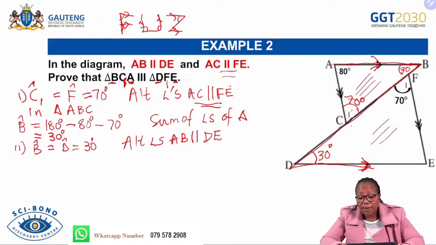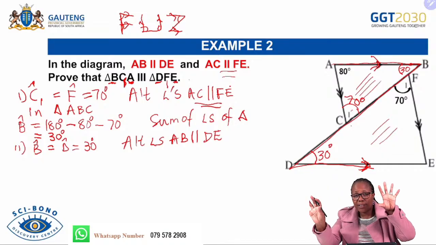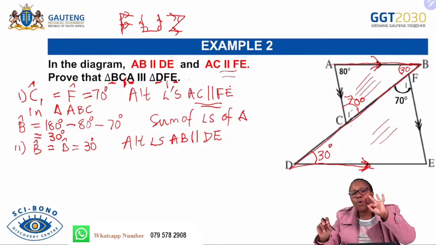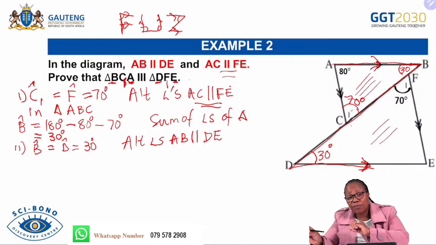Grade 12, if you have calculated two angles in two triangles and you said these angles are equal, you can conclude without giving any specific reason, just relying on the remaining angles of a triangle.